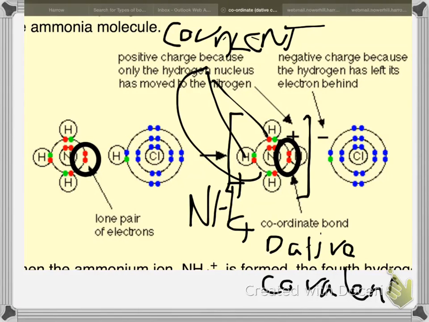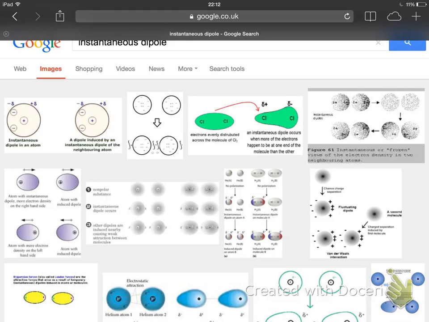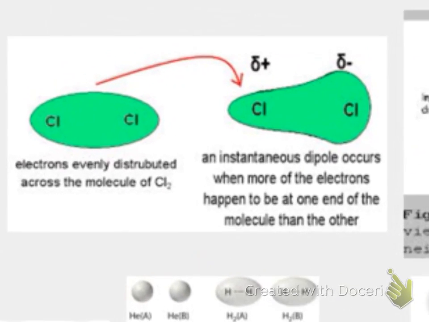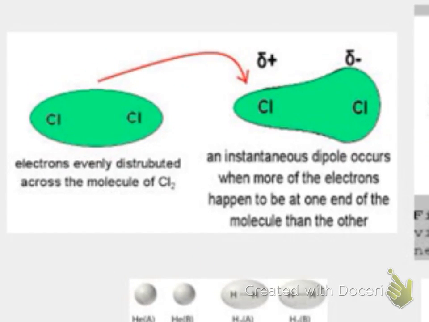So we also have the differences between an instantaneous dipole and an induced dipole. Instantaneous dipoles will happen when there is an even distribution of the electrons in the bond, for example in a chlorine molecule.